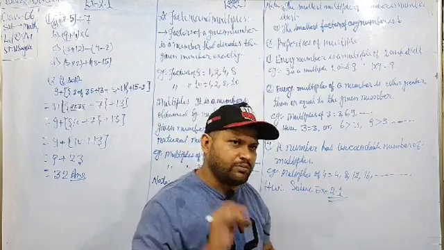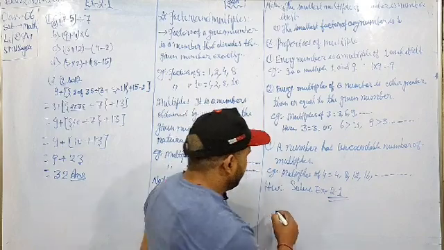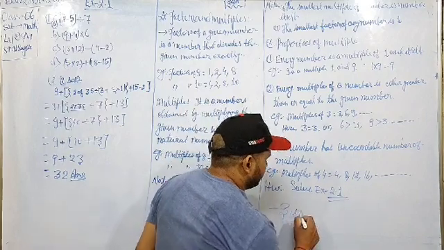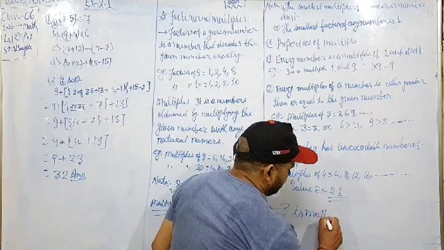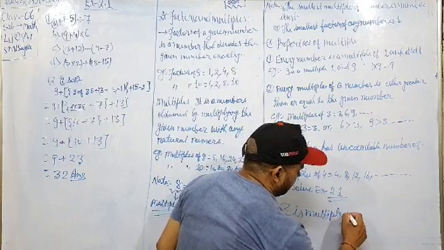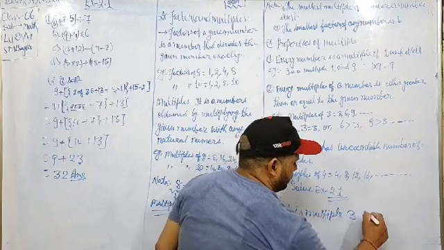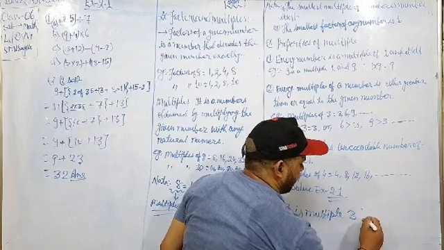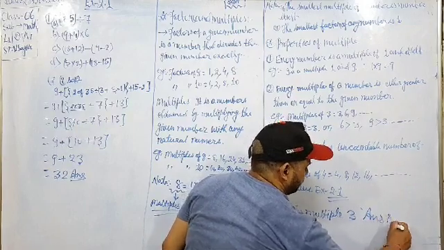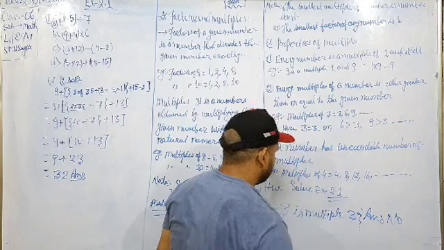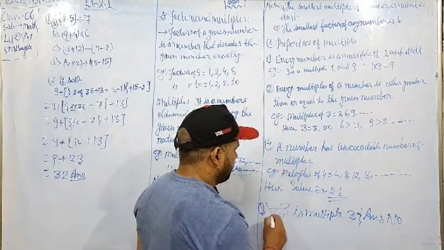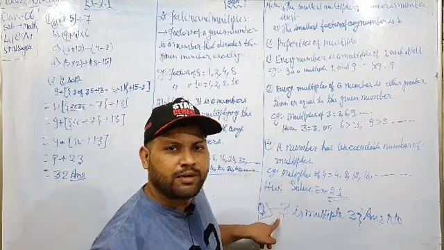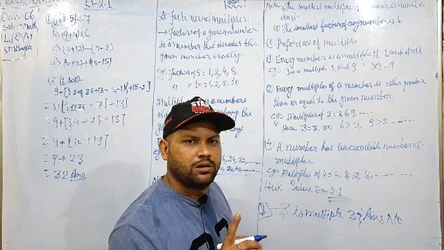And one thing you have to remember: is minus 3 a multiple of 3? No, our answer will be no. Why? Because minus 3 is less than 3.